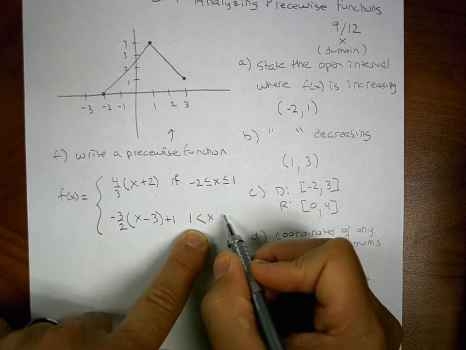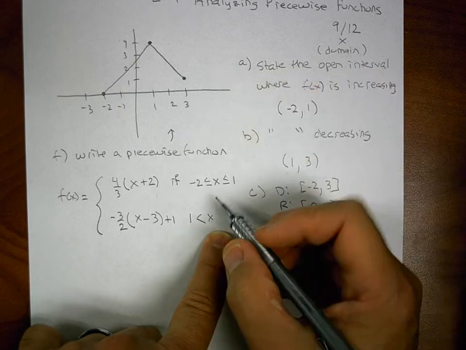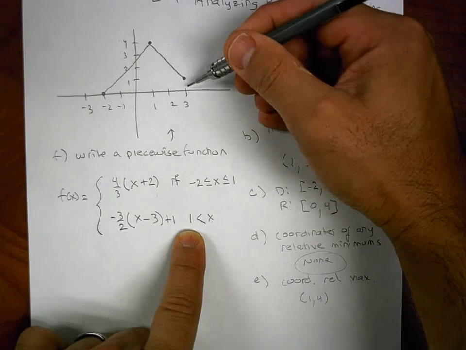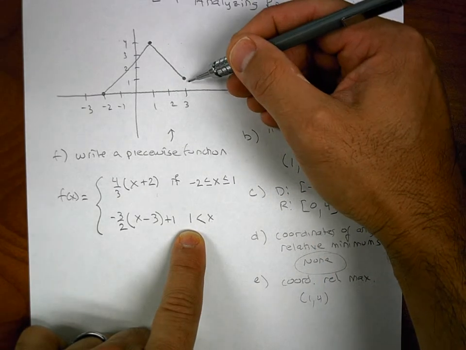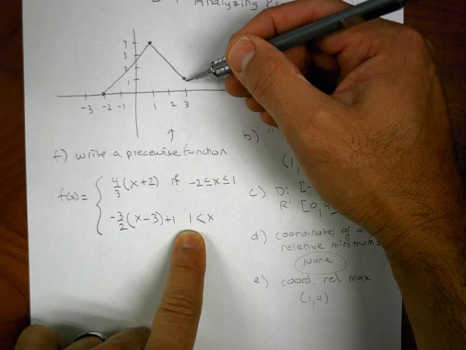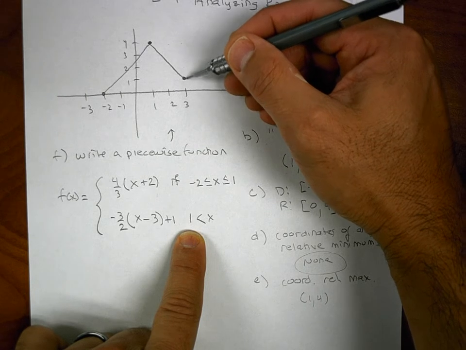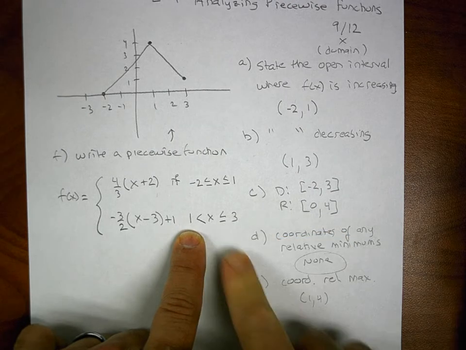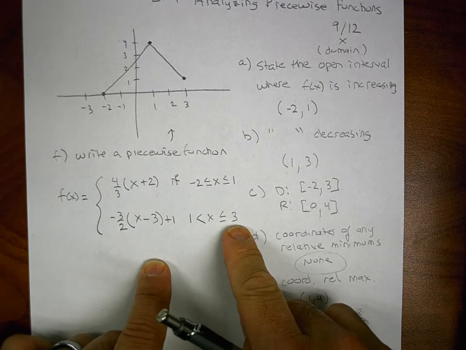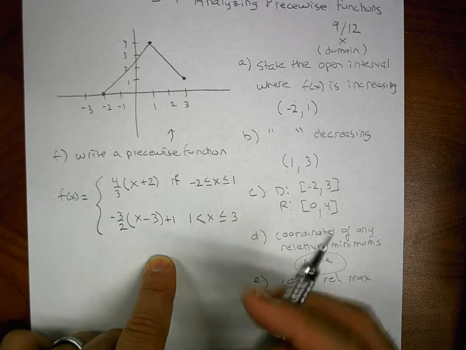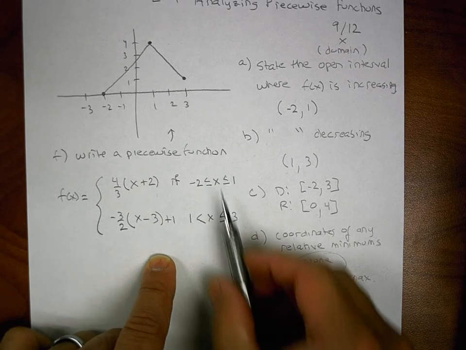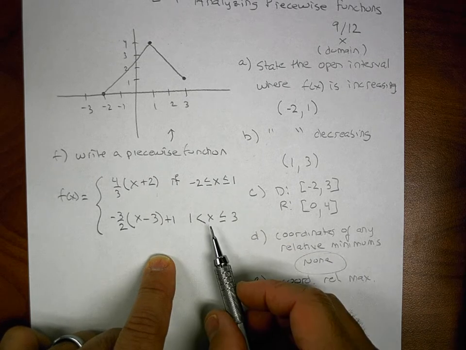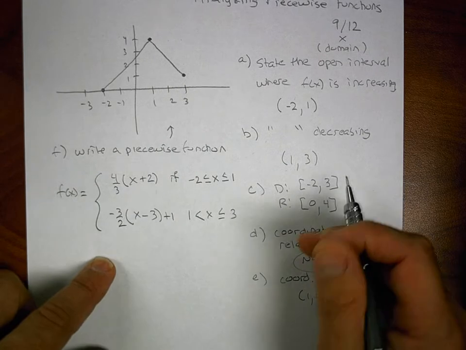And then over here, it's between 1 and 3. So is it less than or equal to, or just less than? The 3 over there is a closed circle on this one, less than or equal to 3. So it's between 1 and 3. And our signs are always less than, it's an easy way to look at that. That's it. There's your piecewise function.